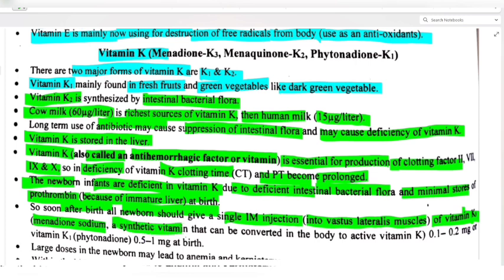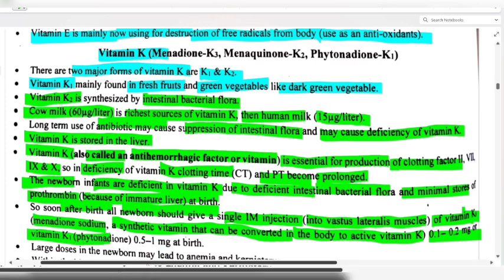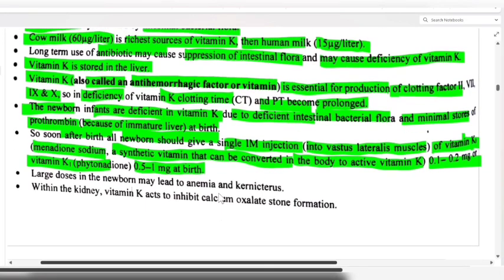A synthetic vitamin that can be converted in the body to active vitamin K, that is 0.1 to 0.2 mg, or vitamin K1, that is phytonadione, 0.5 to 1 mg at birth. Large doses in newborns may lead to anemia and cardiac arrest. So large doses also should not be given to newborns because they may lead to anemia and cardiac arrest.